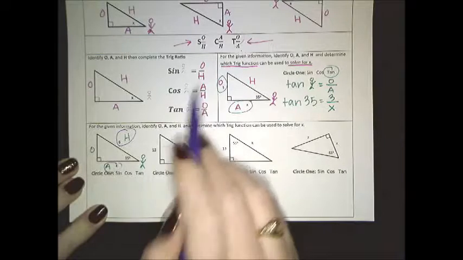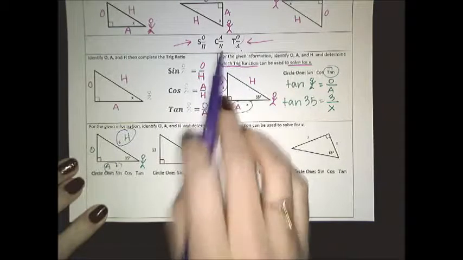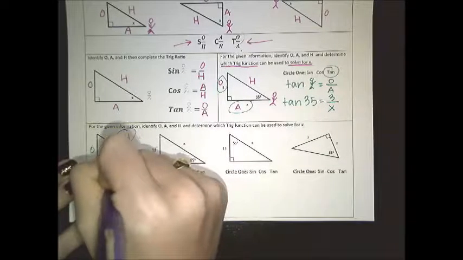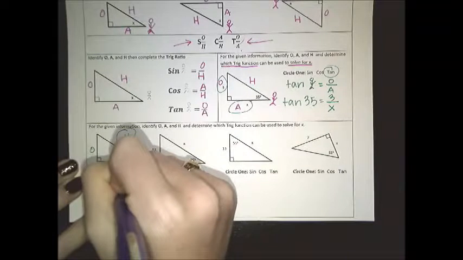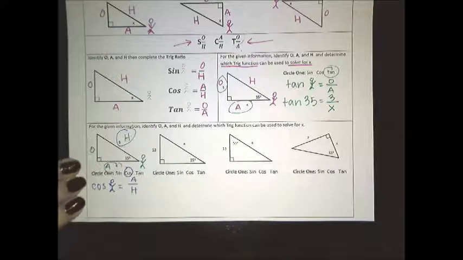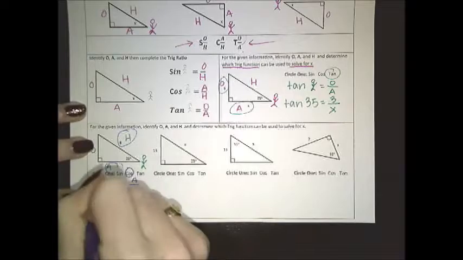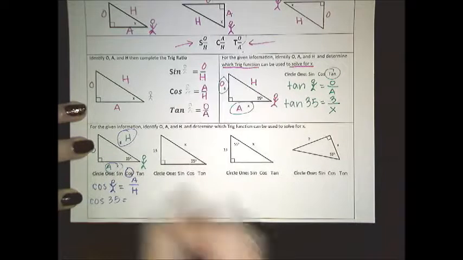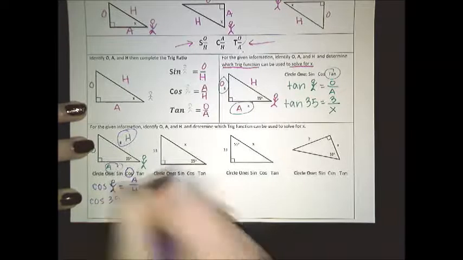So A and H up here with SOHCAHTOA goes with the C for cosine. So I have that cosine of Focus Frank is equal to A over H. Or if I fill that in, the cosine of 35 is equal to x over 6.